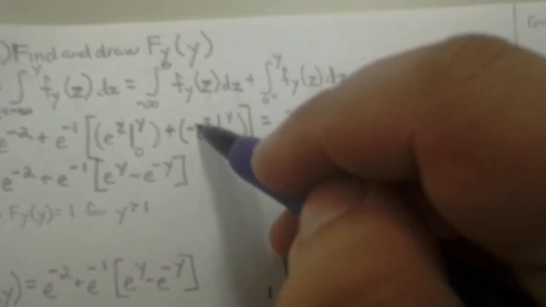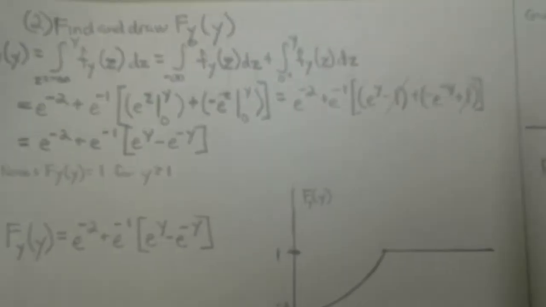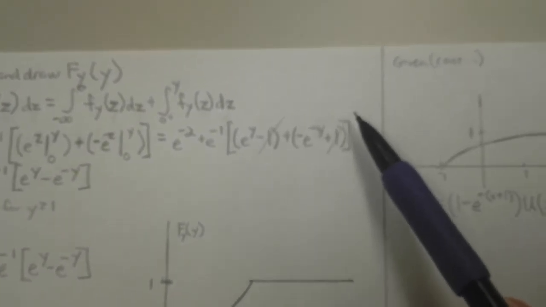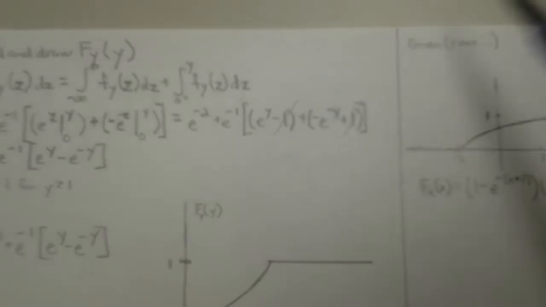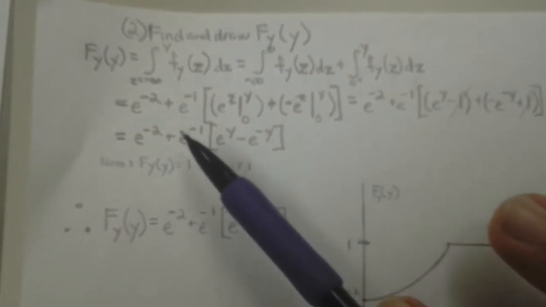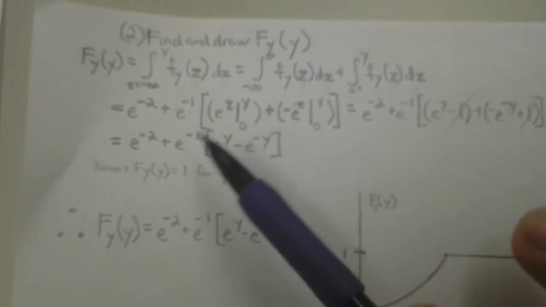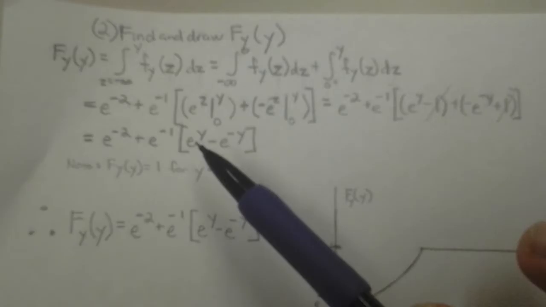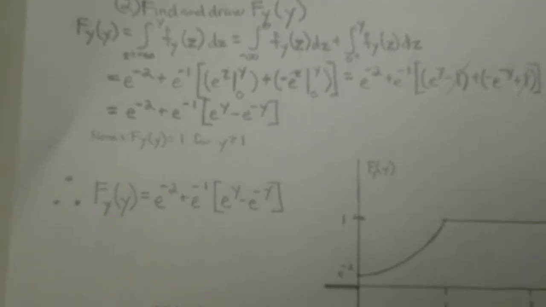Sorry about that. And then we calculate each part. We do the basic arithmetic, cancel out ones. Comes out e to the -2 plus e to the -1 times the actual difference of e to the y minus e to the -y.